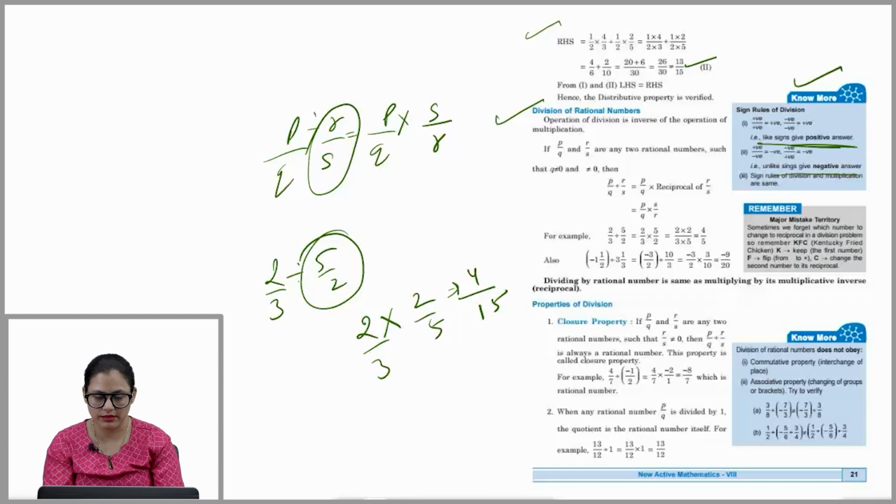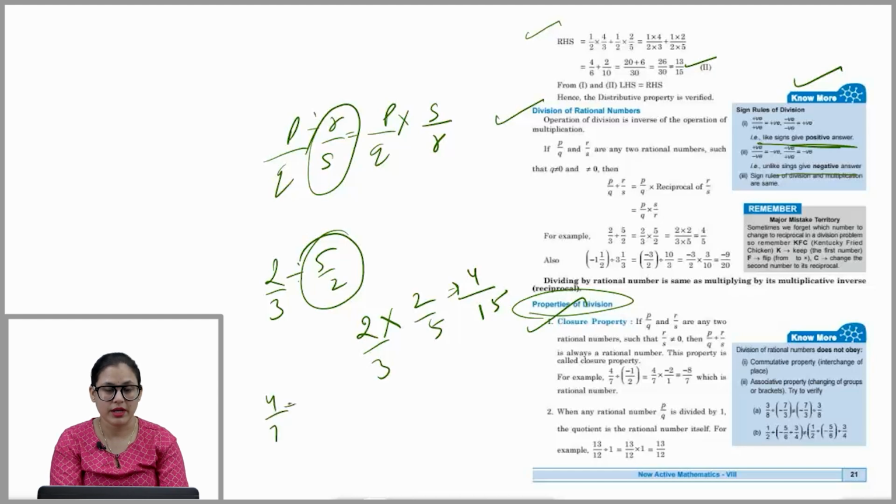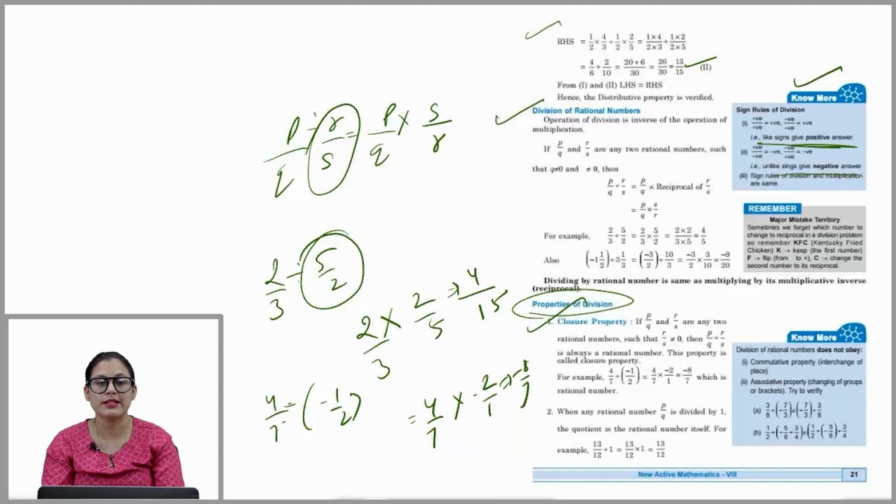Now, let us learn about properties of division. Number 1, closure property. If P by Q and R by S are any 2 rational numbers such that R by S is not equal to 0, then P by Q divided by R by S is always a rational number. This property is called closure property. For example, 4 by 7 divided by minus 1 by 2 is equal to 4 by 7 into minus 2 by 1, that is minus 8 by 7, which is a rational number.